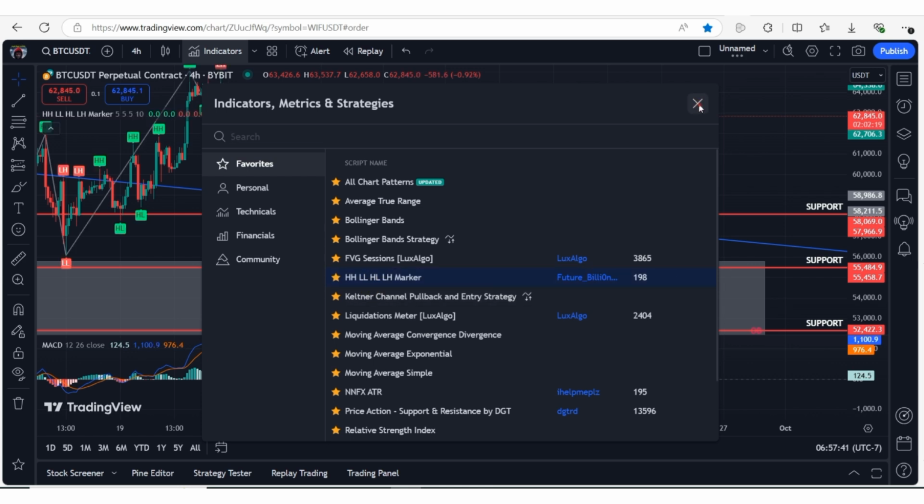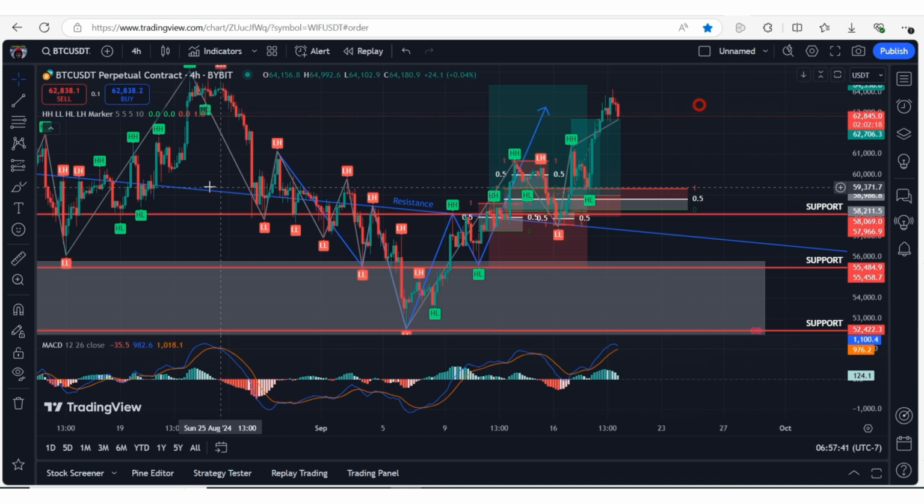We use this indicator to tell where our higher highs and lower lows are, just to know the trend pattern of the market. Then we picked up our tool to draw our market structure, how the market is actually going.